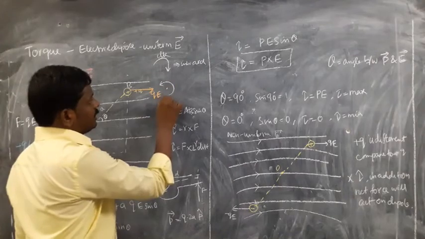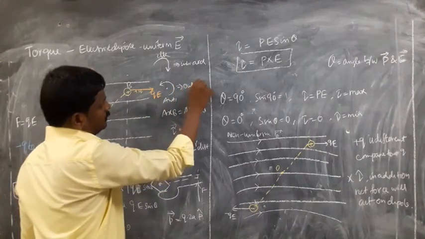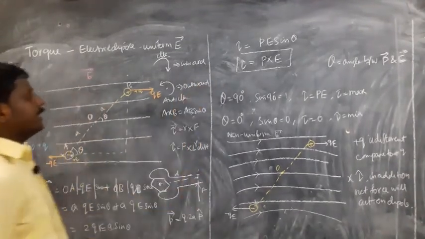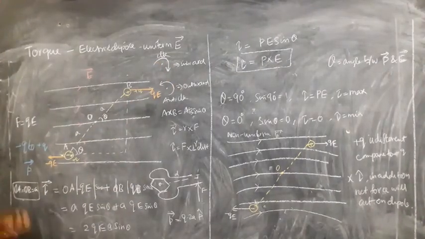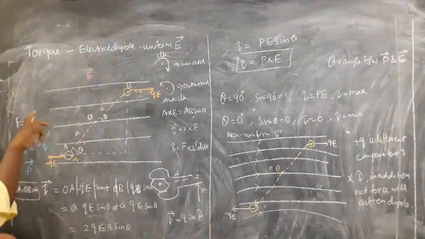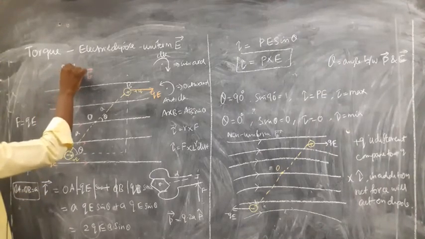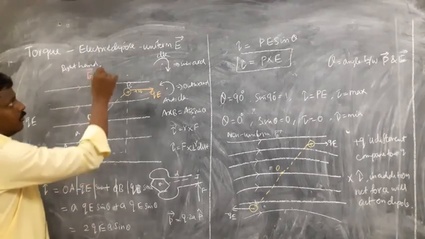If it is anti-clockwise, it's outward. If you rotate the screw in the anti-clockwise direction, the screw will come outward. So this is according to the right hand corkscrew rule, which we studied in +1 physics volume 1, second lesson.